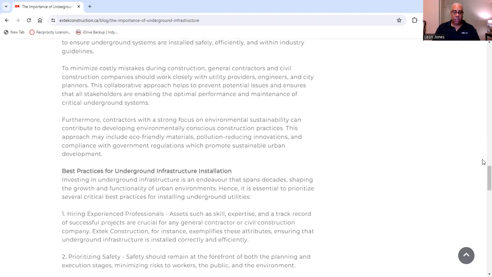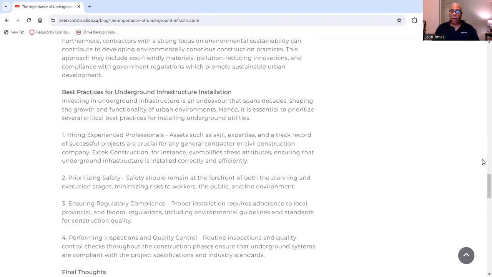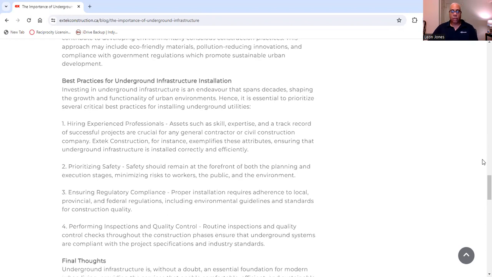Now, again, we have practices for infrastructure installation. So, what city governments do, investing in underground infrastructure is an endeavor that spans decades, shaping the growth and functionality of urban environments. Hence, it is essential to prioritize several critical best practices for installing underground utilities.